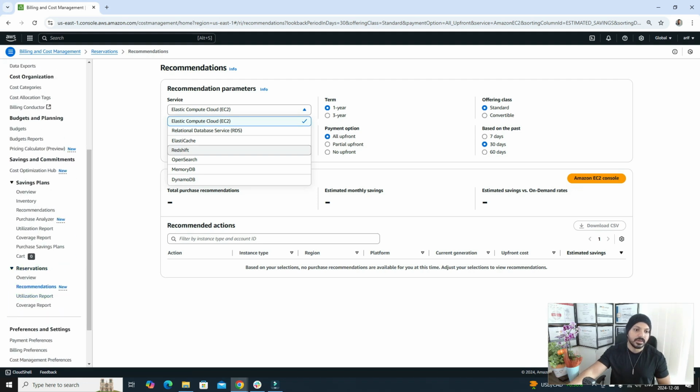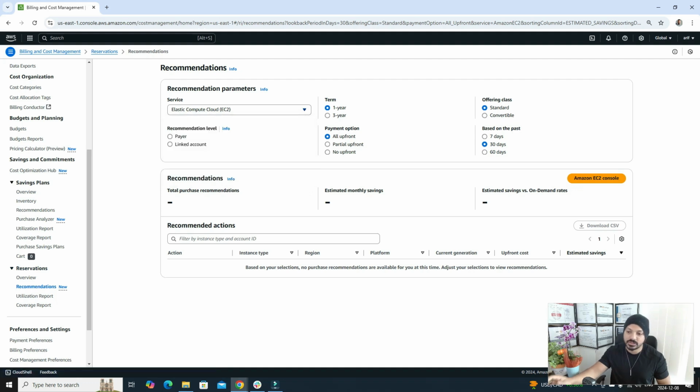And the cool part is that here it comes with a recommendation. So here you can just select your services, and if the resource is already running in your application, you are using the services, then it's gonna show you all the recommendations, and you just have to select those recommendations. You have to do some analysis whether it makes sense, and you just commit for 1 year or 3 years according to your roadmap.